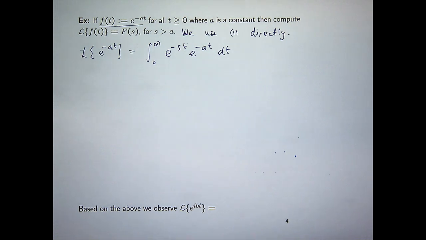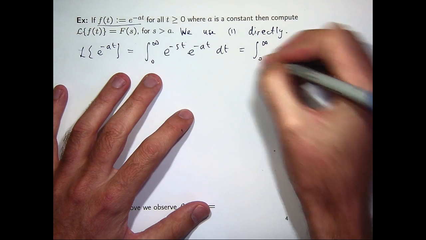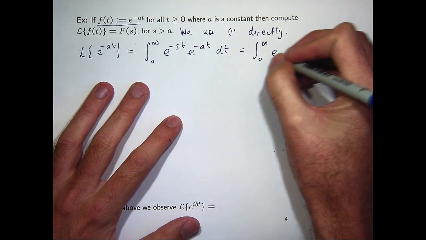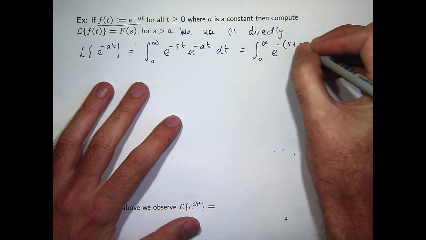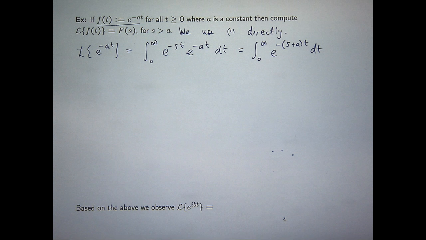Okay, so what I can do is just do a little bit of work on the integrand. Come up with the following. And what I would like to do is just integrate. I can do that.